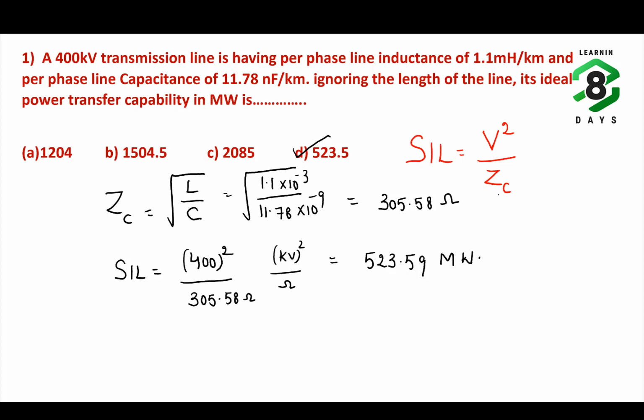Characteristic impedance is a term used for both a lossless line and an attenuated line, that is a normal transmission line which has resistance. But the term surge impedance is used only for a lossless line, where we have neglected the series resistance and shunt conductance of the transmission line.